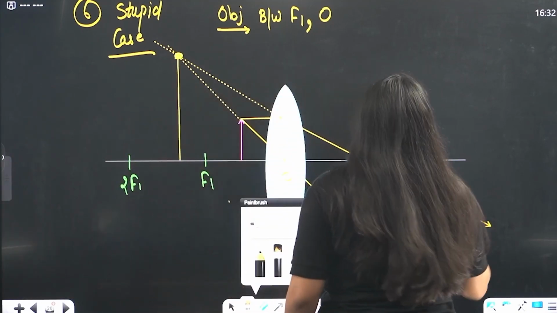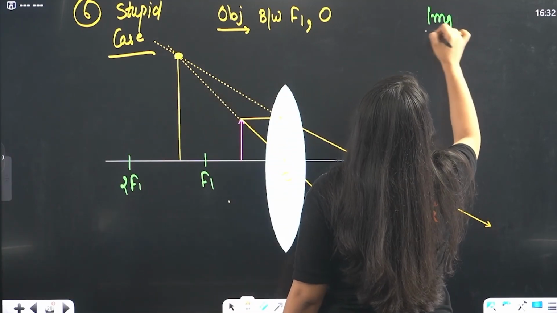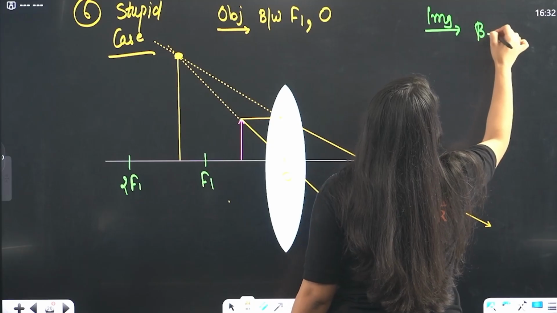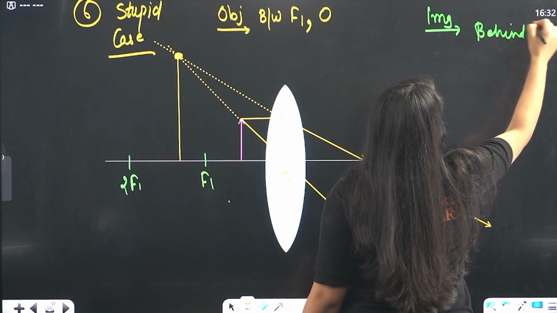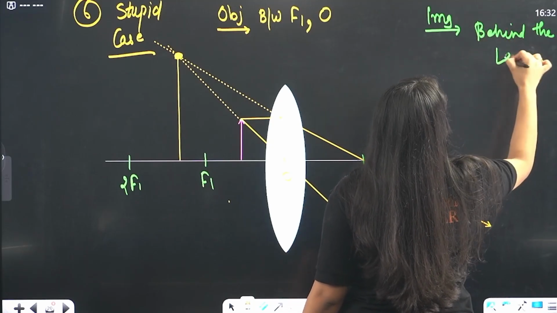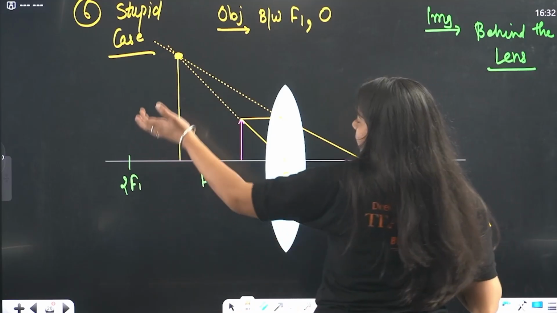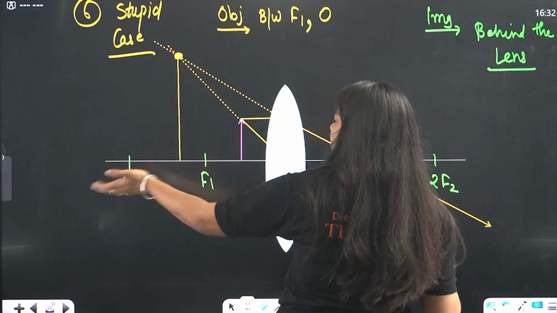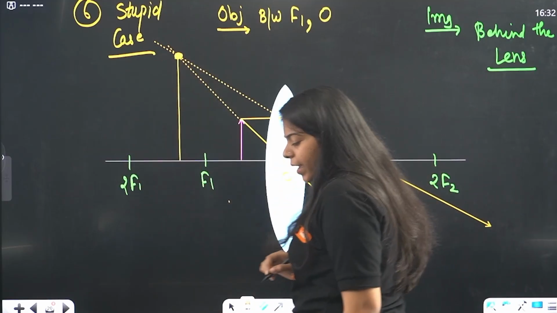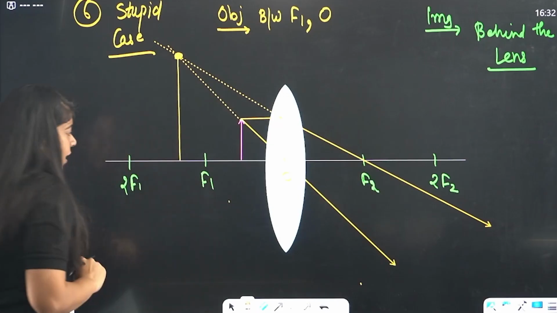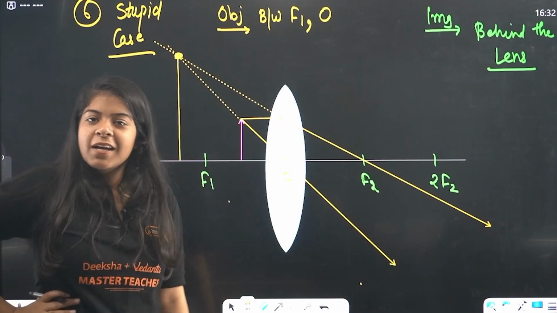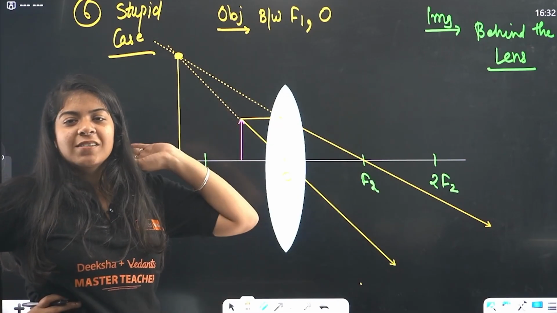And now our image will be behind the lens, formed somewhere after F1. Done beta. These are the 6 cases of convex lenses.